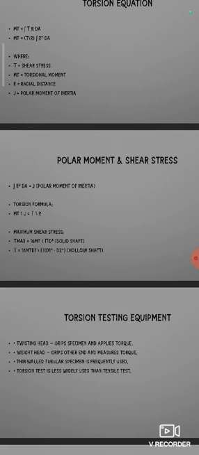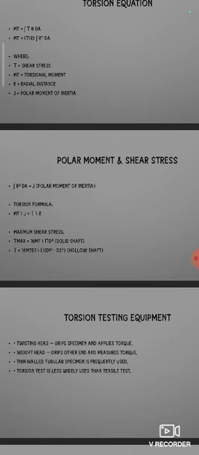The main components are the specimen, also called the test shaft, the fixed and rotating heads, the torque measuring device, and the angle of twist indicator.